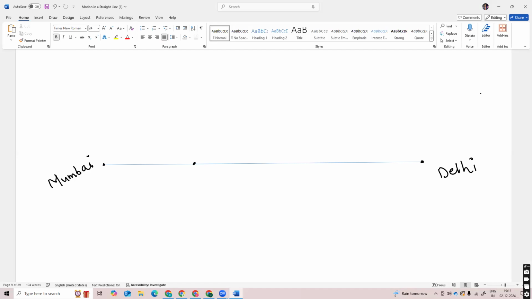Let's say we have station A, and here we have station B. From Mumbai to station A, the train was moving at 50 km per hour, and the distance between Mumbai and station A was, let's say, 500 kilometers.